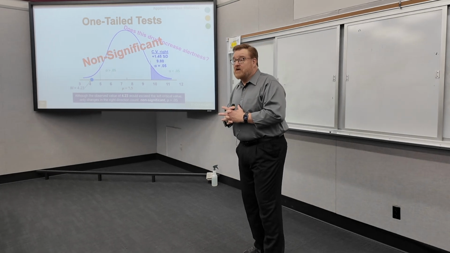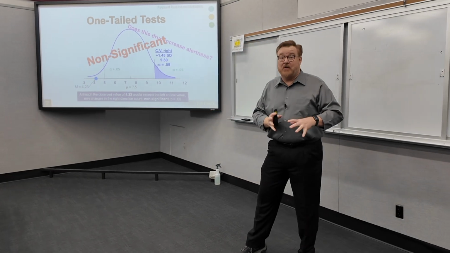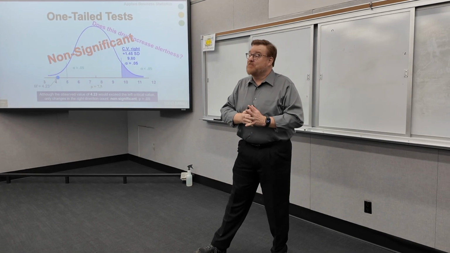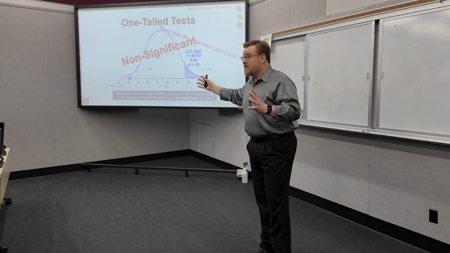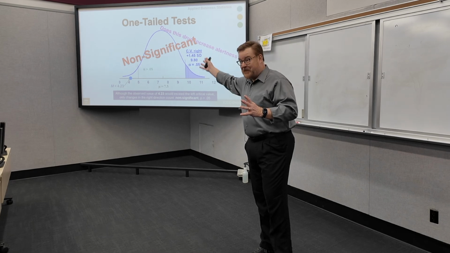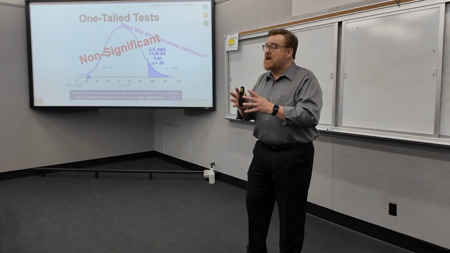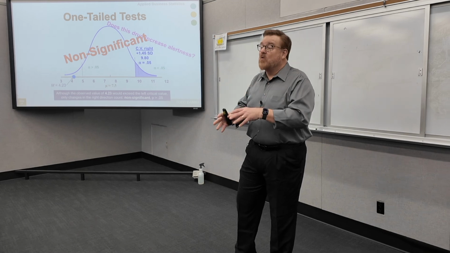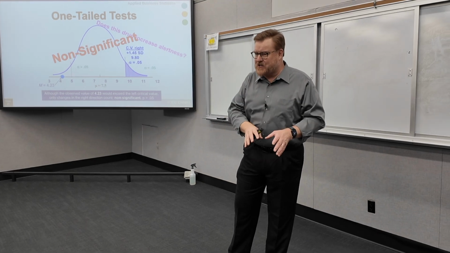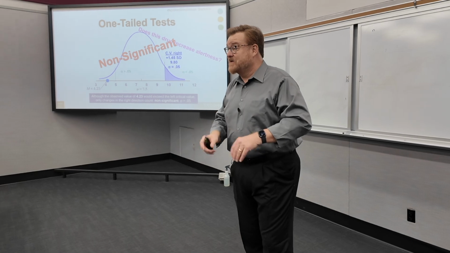If we're looking for a drug to decrease blood pressure, and it makes blood pressure go up, there are no changes in that direction that are helpful. So when we use a one-tail test, only changes in the predicted direction can be statistically significant.